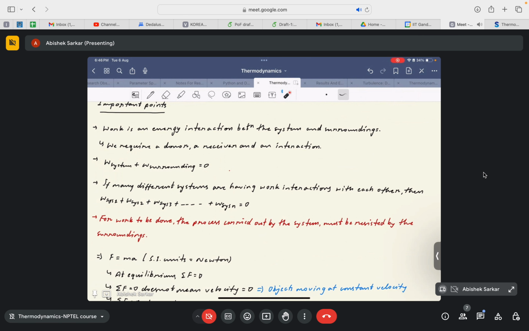You can consider the surrounding as also one of the systems because it is interacting with the system. Then the summation of the work of all the systems would be equal to 0. This is very important. We will see how this expression comes into the picture while we are trying to evaluate the net work done for different components of the thermodynamic system.